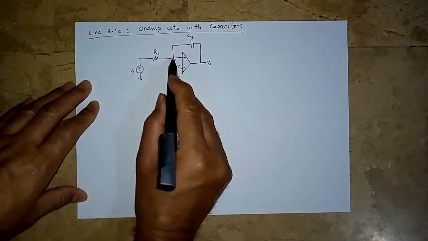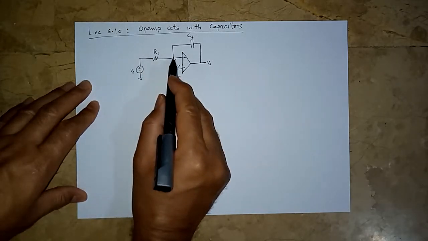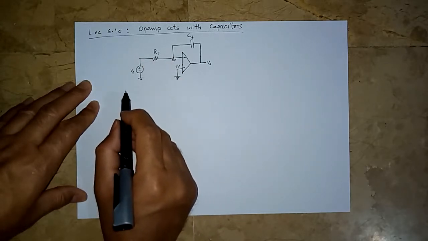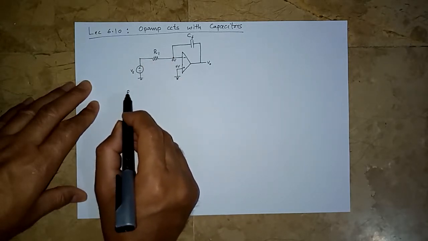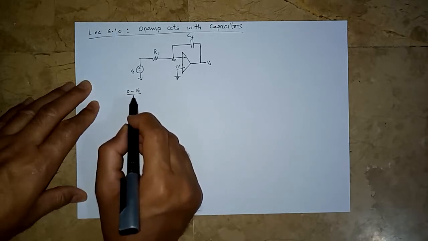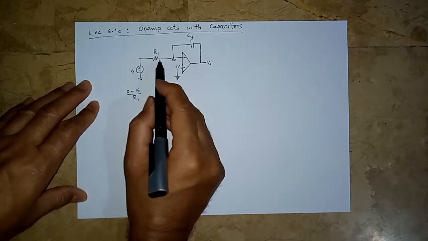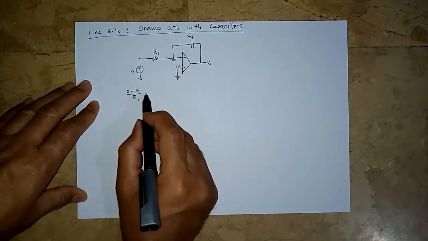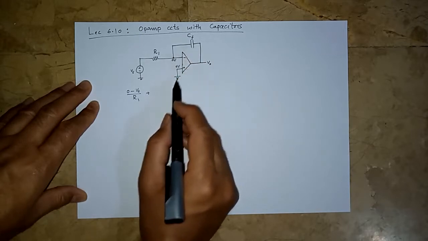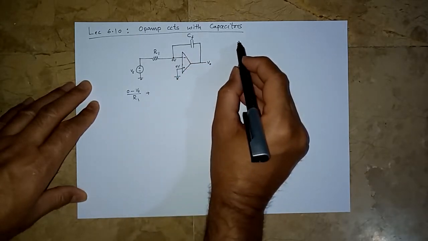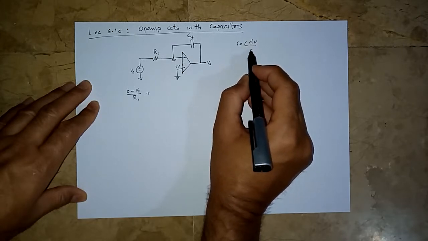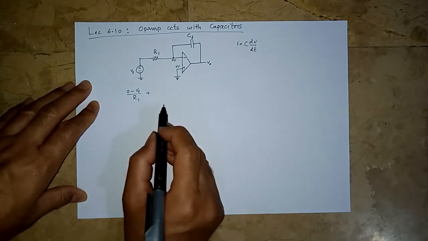And if we apply the node voltage method here, we can write the expression at this voltage for an NVA equation: 0 minus Vs over R1, the outward current, plus the expression for current for a capacitor, which is, remember, I equal to C dV by dt.